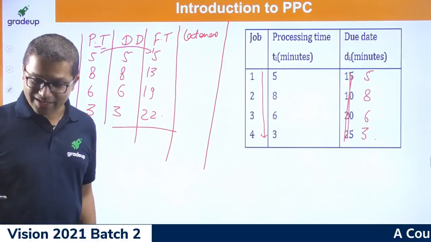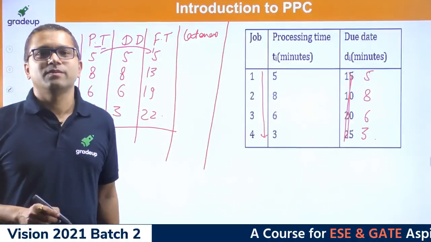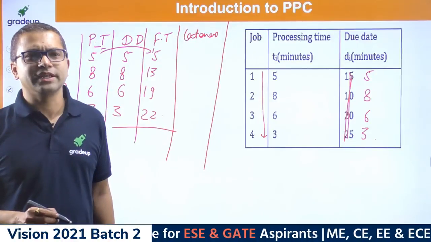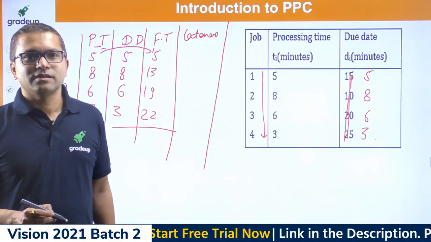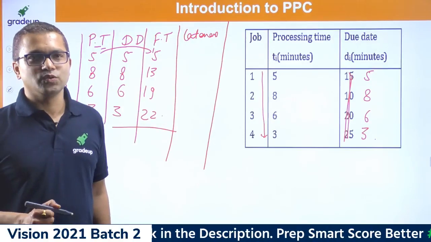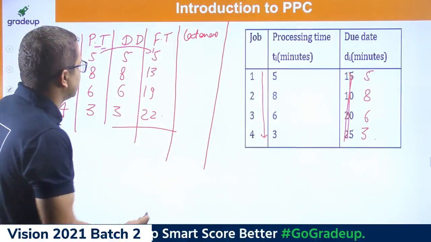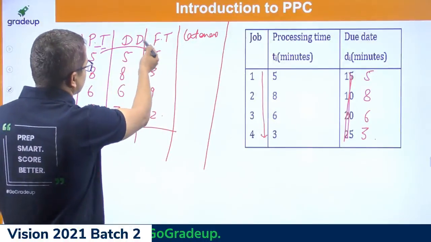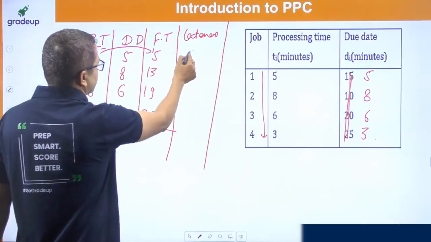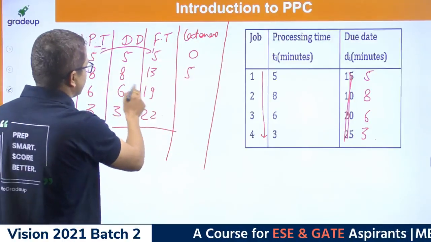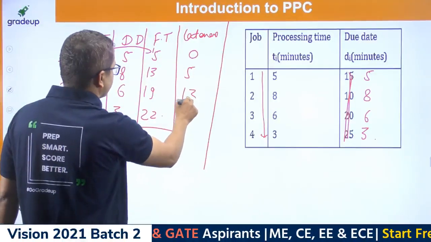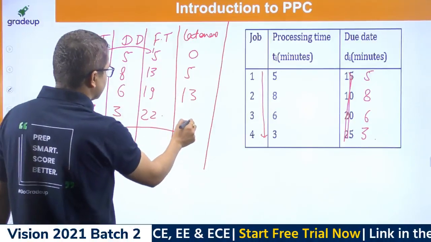Adarsh says 2, 3, 4 are late. Lateness for this is 5 minus 5, that is 0. 13 minus 8, that is 5. 19 minus 6, that is 13. 22 minus 3, that is 19.